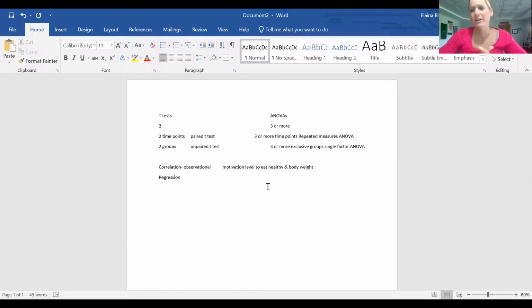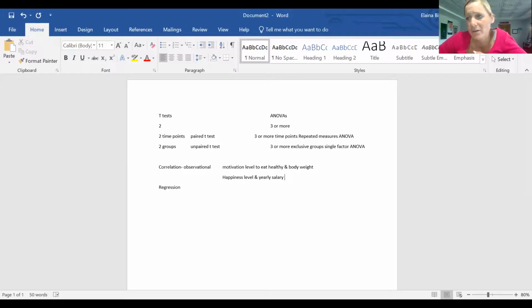Okay. Another example of a good correlational study would be to compare people's happiness levels with their income. Again, I'm going to ask people, what's your happiness level?